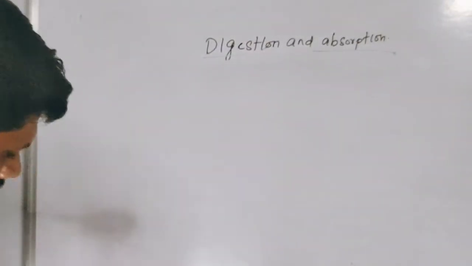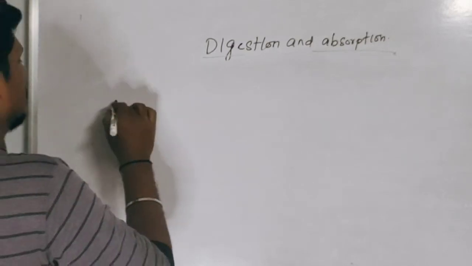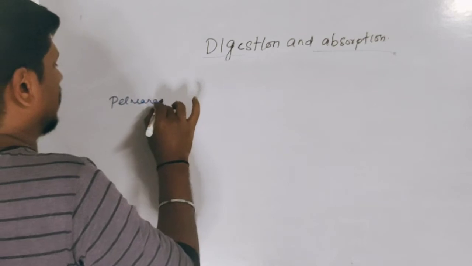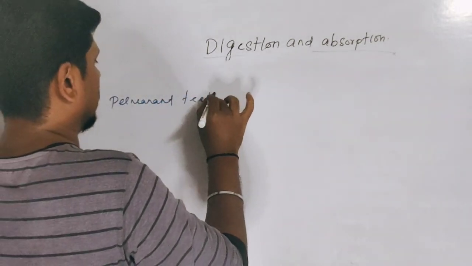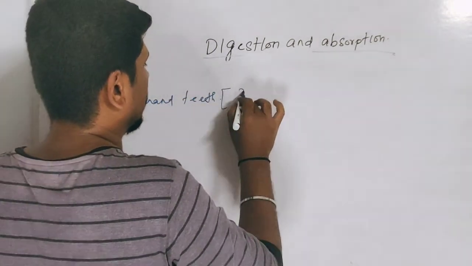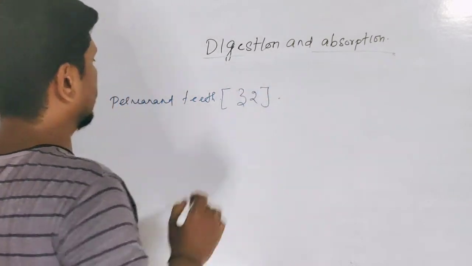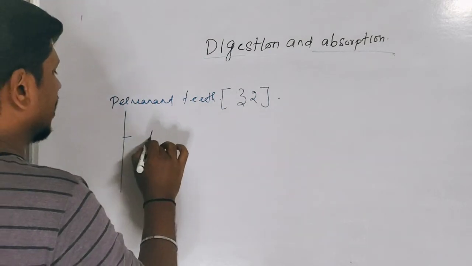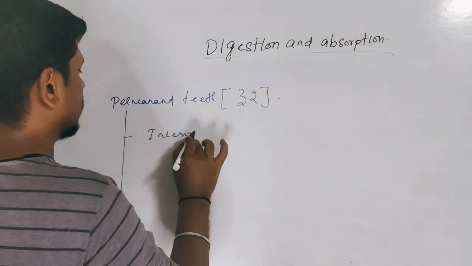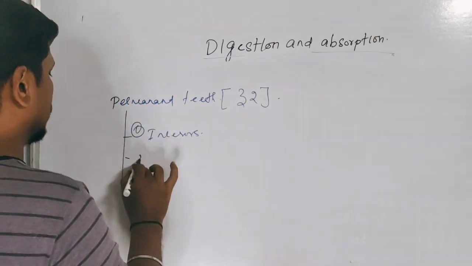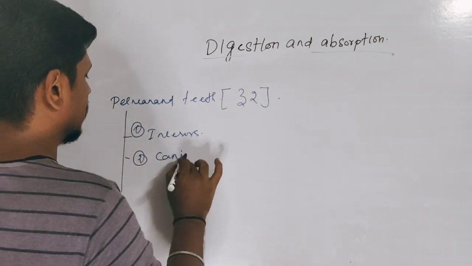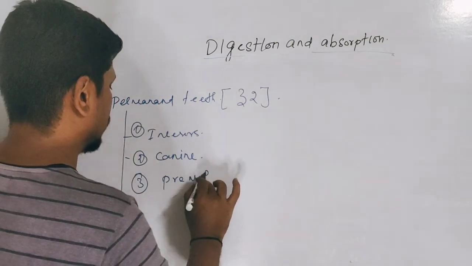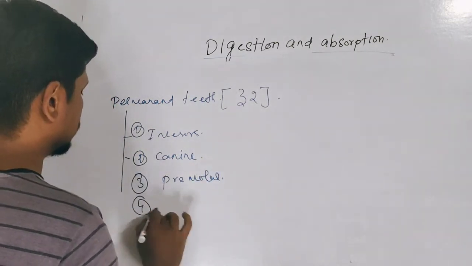Now I want to start permanent teeth. Permanent teeth are around 32 in number. What teeth are present? Incisors, canine, premolar, then the last one is molar.